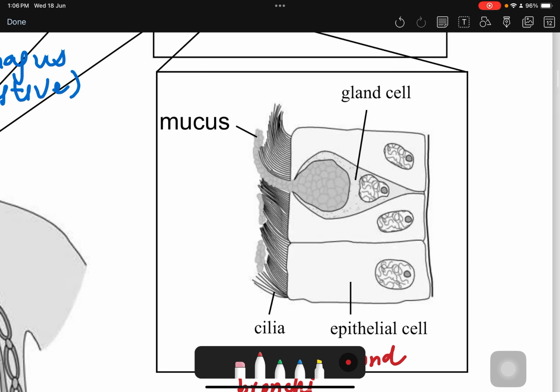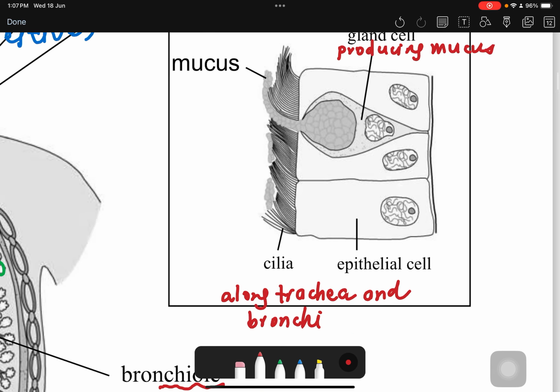The gland cell focuses on producing mucus, whereas the other epithelial cell, more specifically ciliated cells. So some of these cells that are found along the lining are known as ciliated cells.